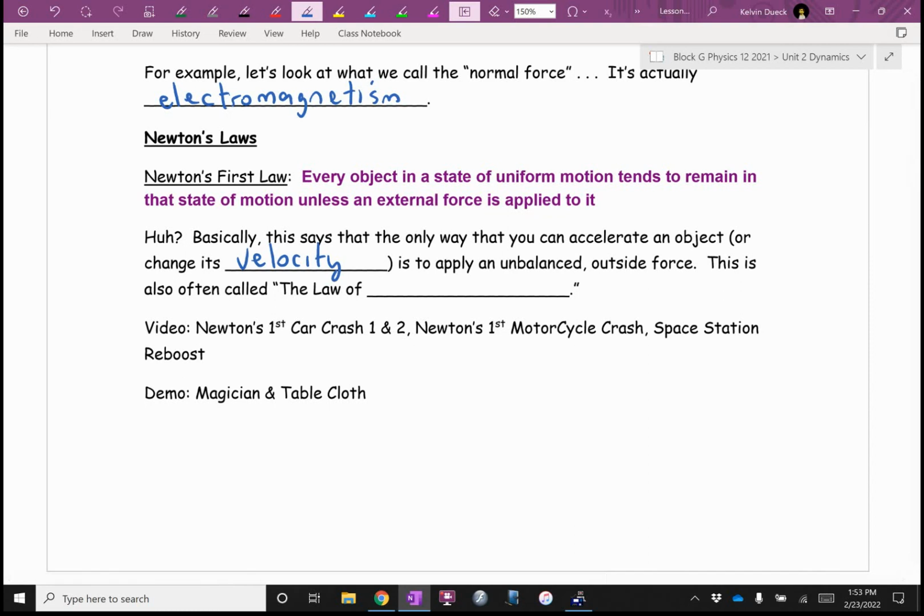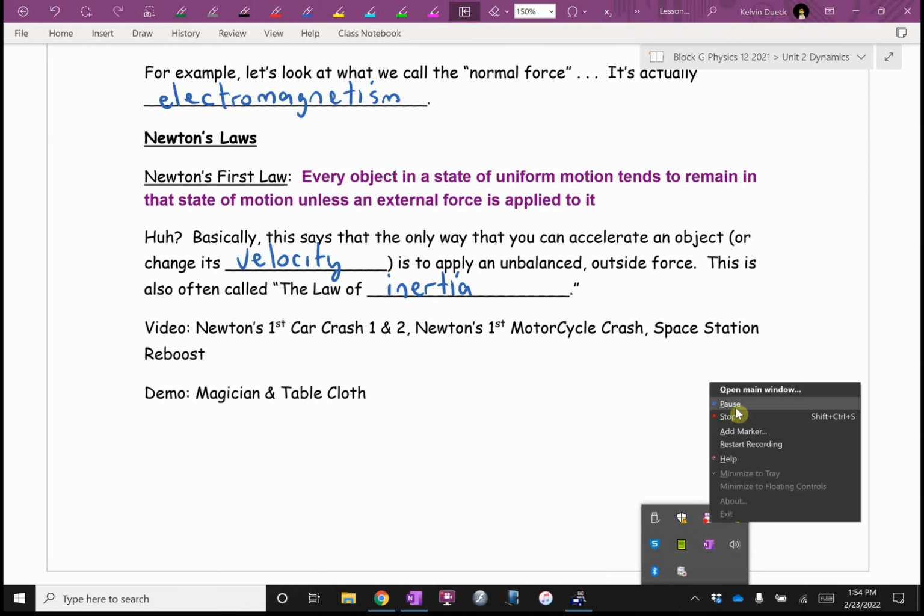If an object is accelerating, Zach, there has to be an unbalanced force. If an object is not accelerating, the forces must be, and looking for a word that starts with the letter B, balanced. That's Newton's first. This is often called the law of inertia.